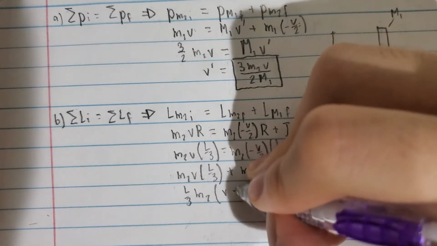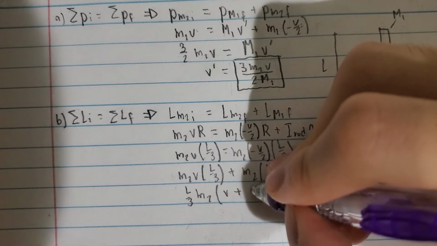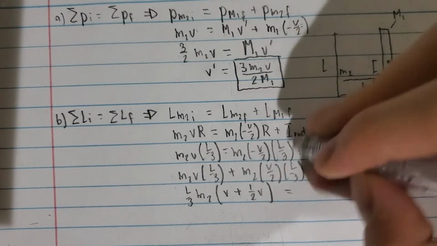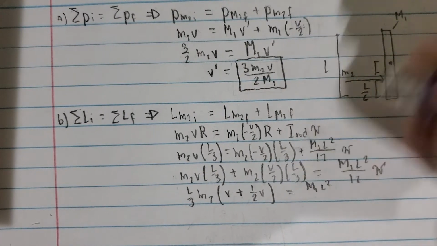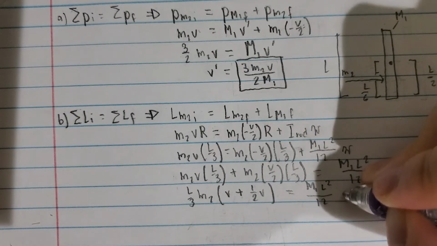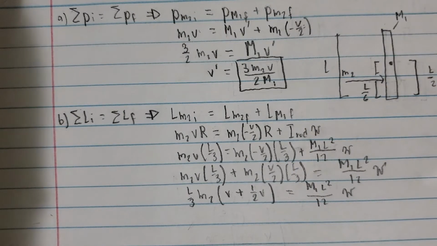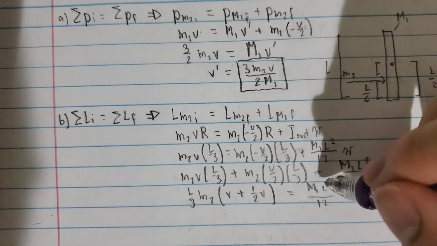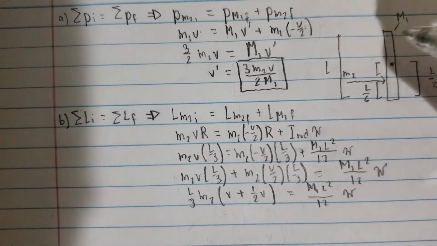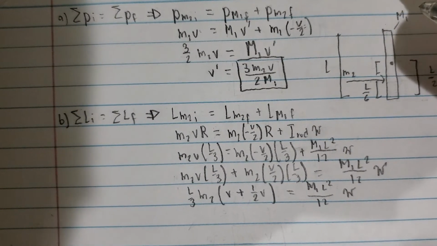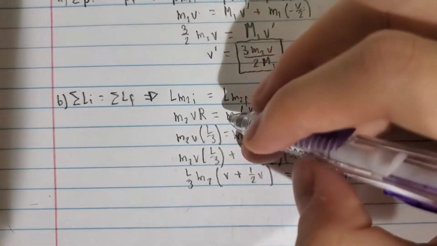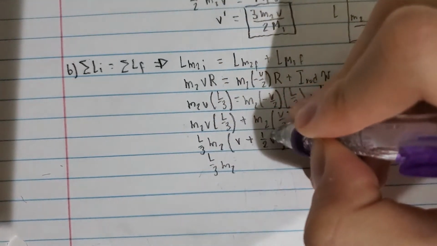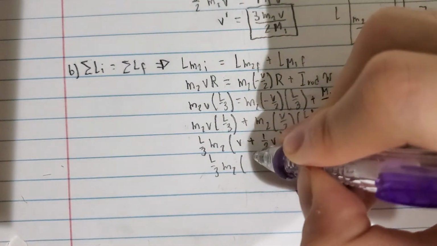For this term, I'm going to be left with 1 half V, and this side stays the same: M1 L squared over 12 times omega. I want to solve for omega, so what I have to do is multiply 12 over and divide by M1 and L squared. Wait, actually, first of all, I need to reduce this down. M2 V plus 1 half M2 V is 3 over 2 M2 V.